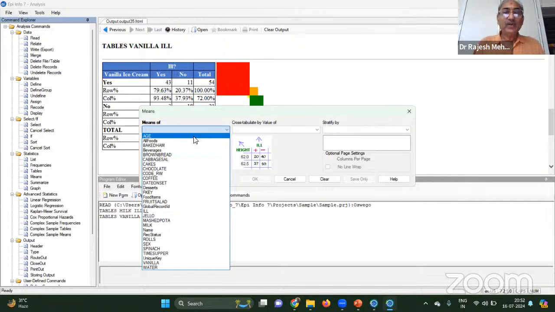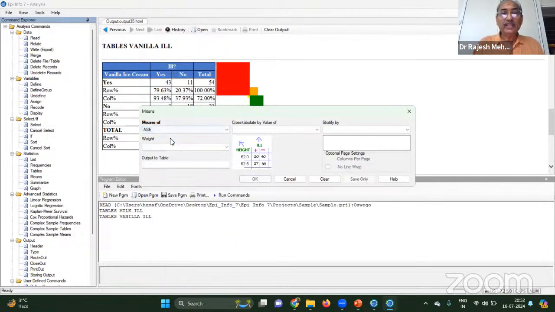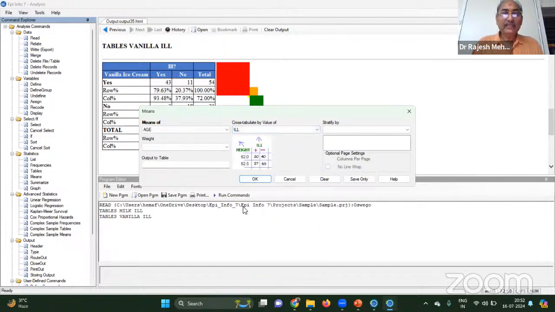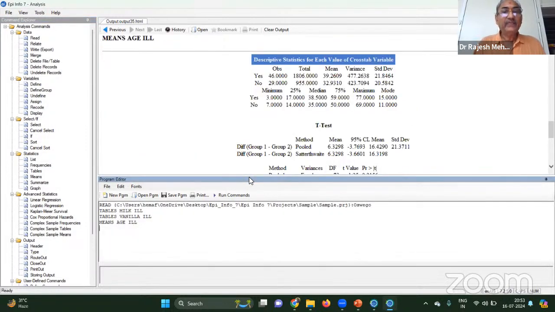Say age or height, weight. You cannot take the mean of, let's say, fruit salad. Take the mean of age, and then cross it by sickness, illness, and see whether there is any difference in age or not.